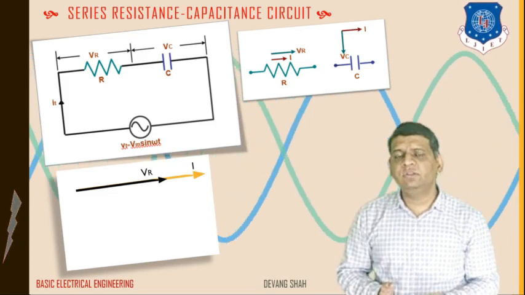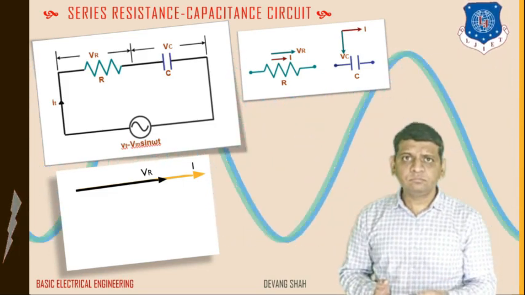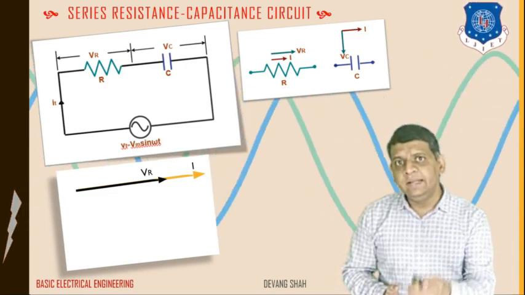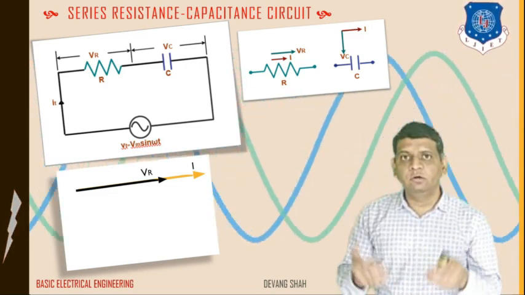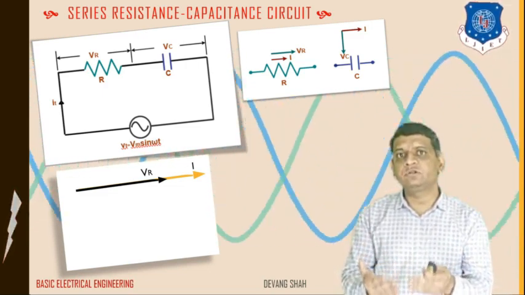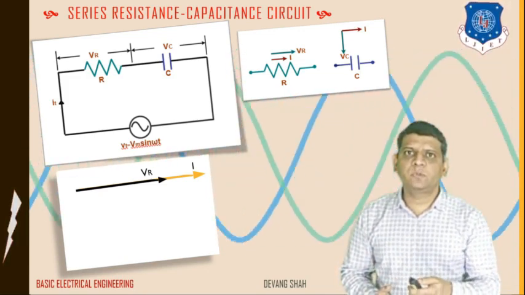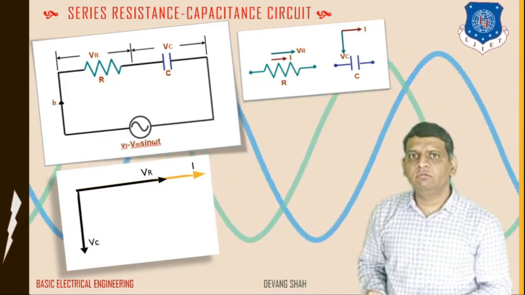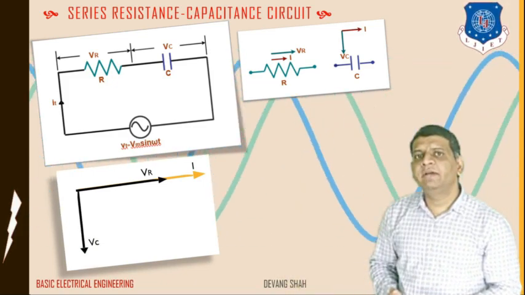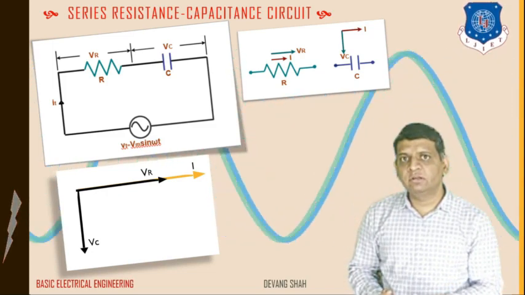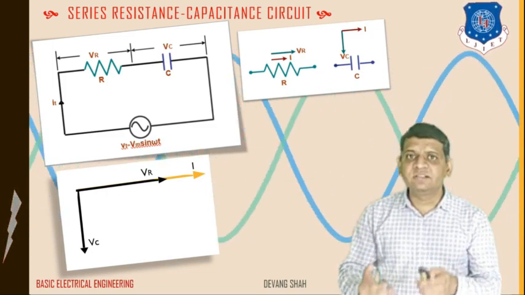But this is not the case with the capacitor, where the voltage drop across capacitor VC is leading by angle. Sorry, the voltage drop across the capacitor VC is lagging by angle 90 with respect to current. So you can see on the y-axis there is a vector of VC. Now since the two vectors are moving in anti-clockwise direction, your job is to find the resultant vector.